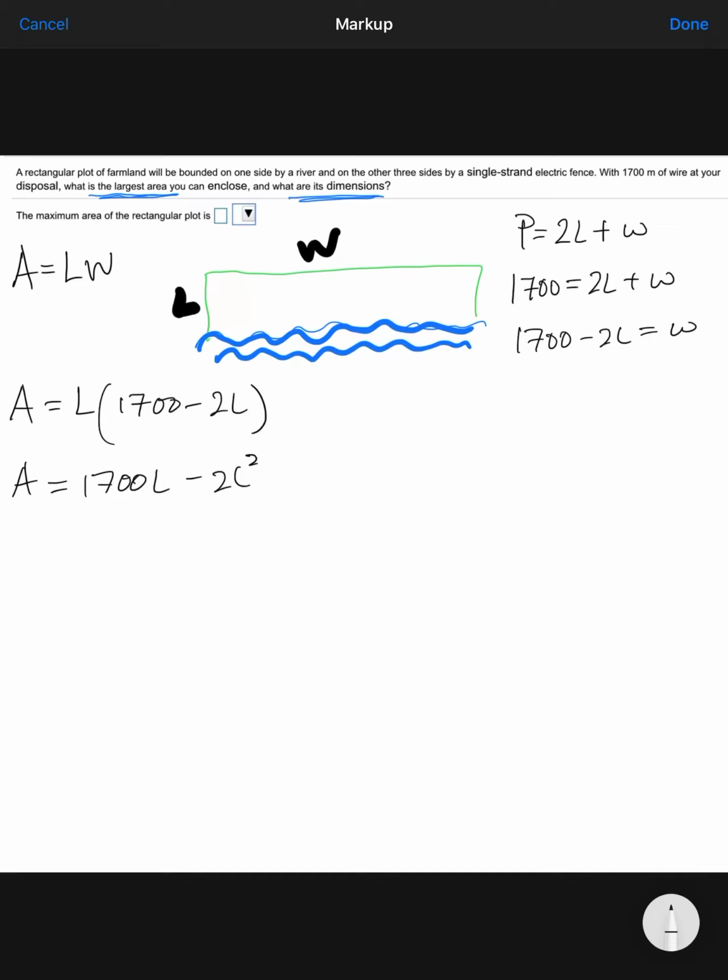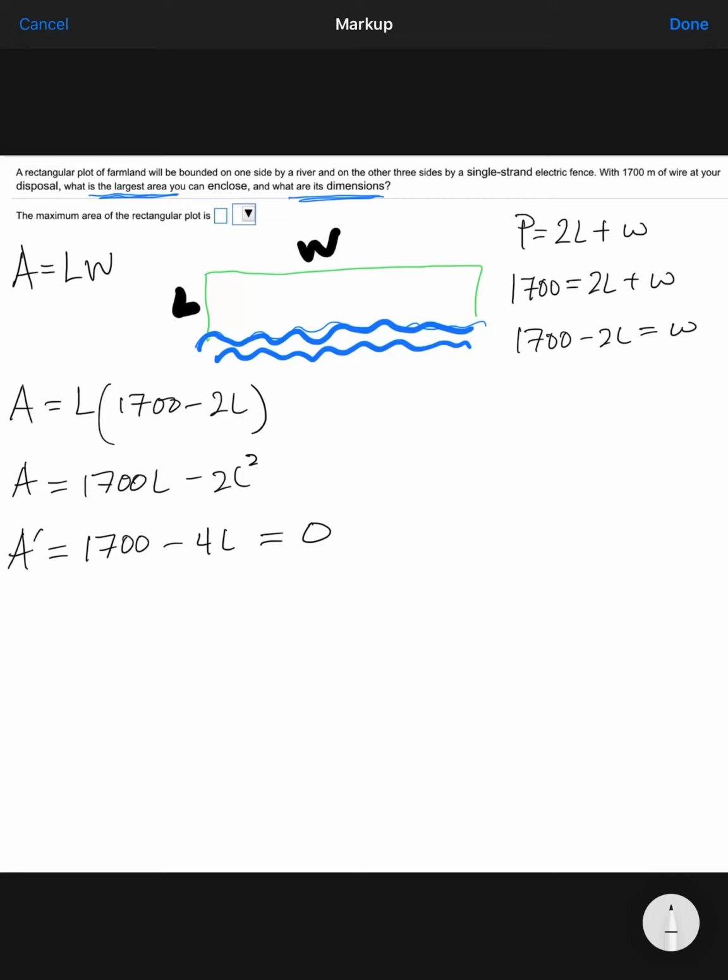We have one variable. Now we want to maximize area, so we're going to take the derivative of this. We have 1,700 minus 4L. Next thing we do, we take that derivative, set it equal to 0, and solve for the variable.